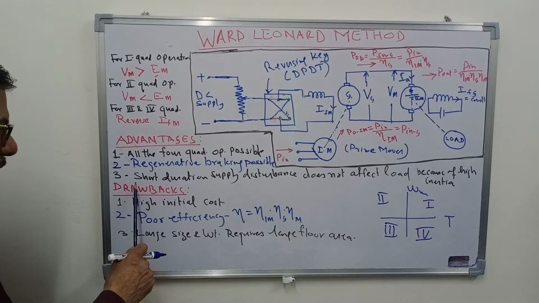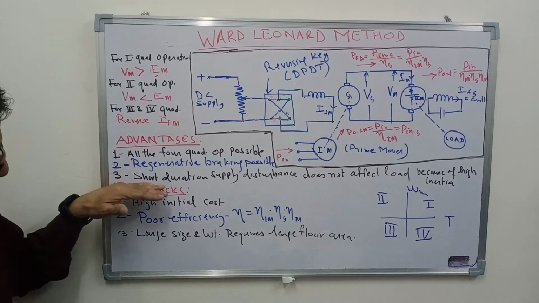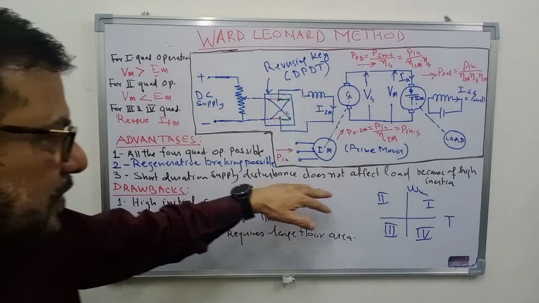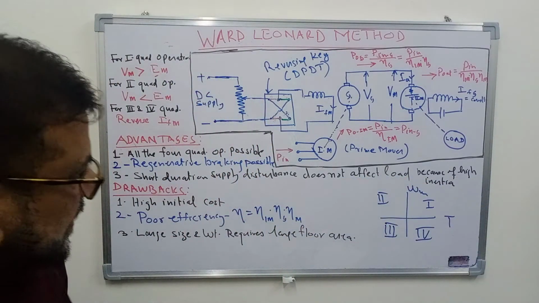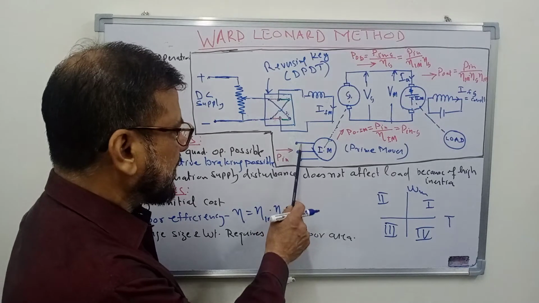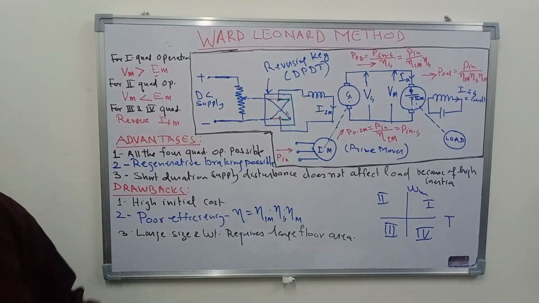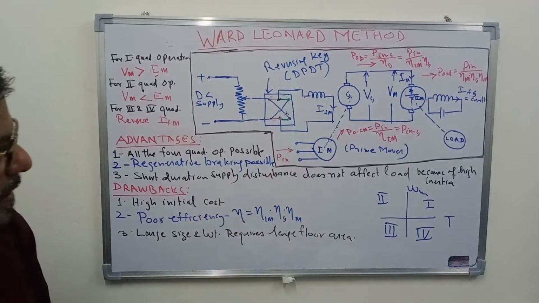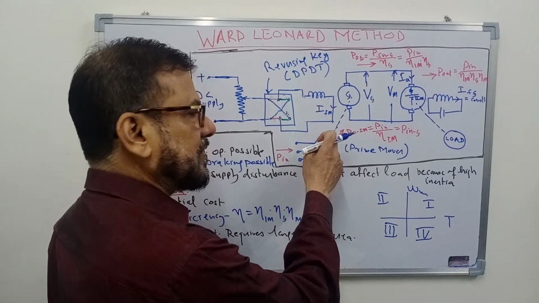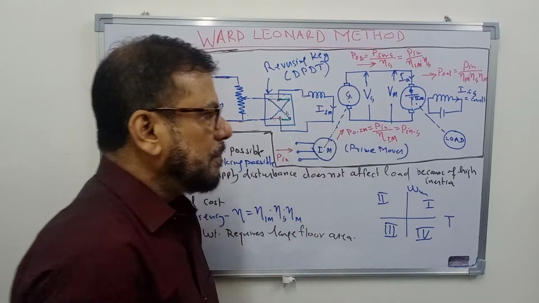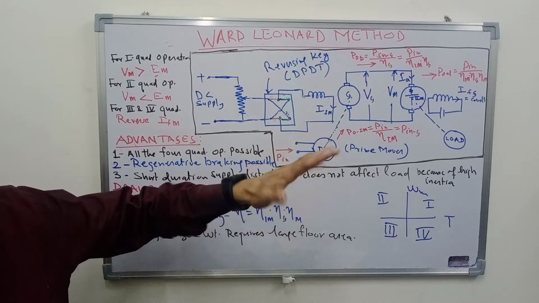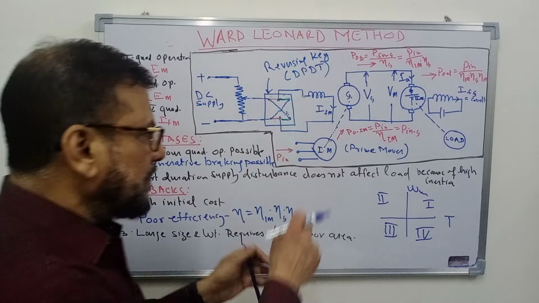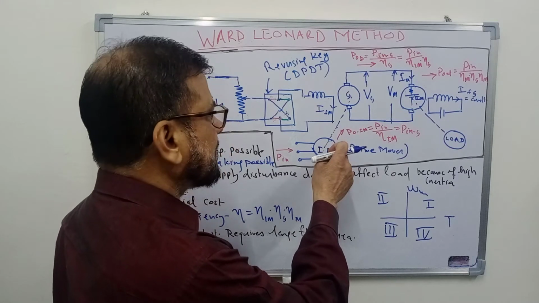Then another important advantage is that short duration supply disturbance does not affect load because of high inertia. Any disturbance here in the supply will actually try to change the speed of this motor, but this is a mechanical system, it has a high inertia, so speed of this motor will change slightly.